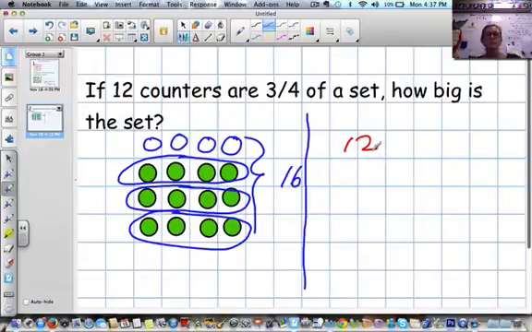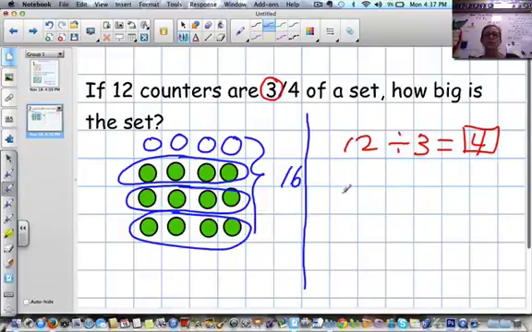Well, this is 3/4 right here. So in order to figure out what 1/4 is, I would take this number and divide by 3. And that's going to tell me that 4 is 1/4 of the full set.